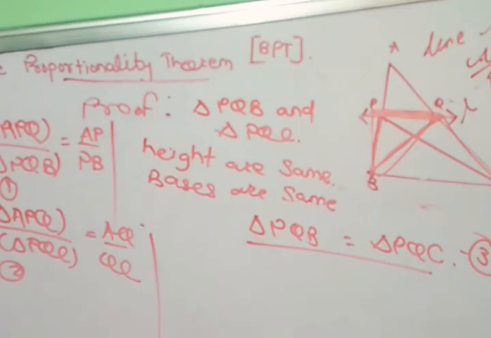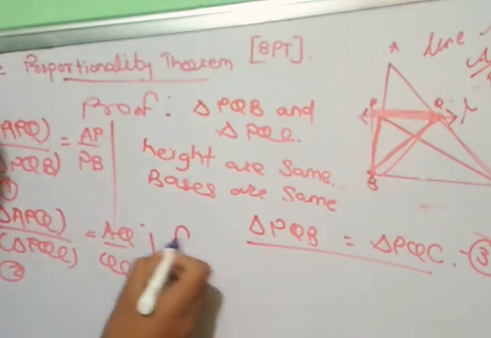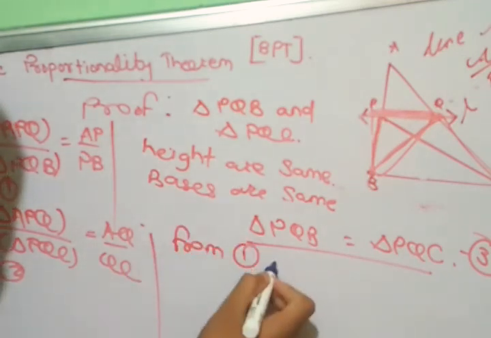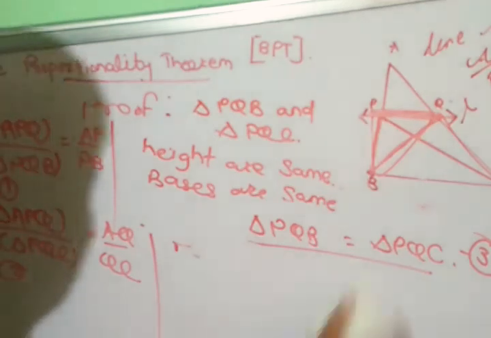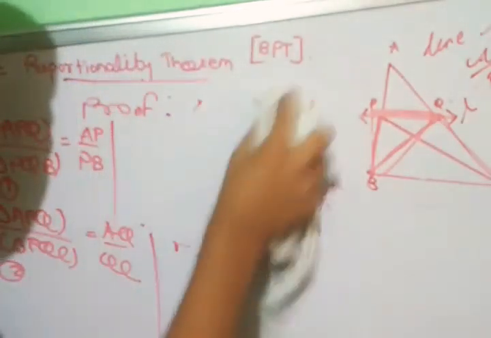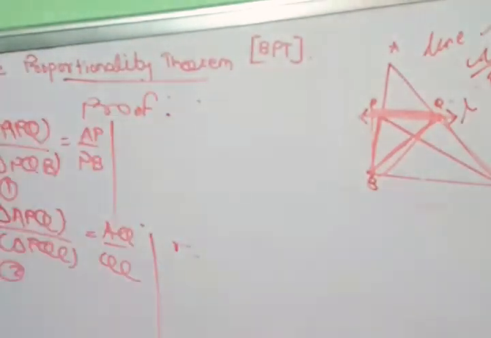So friends, from 1, 2 and 3, this is step number 5. So we write this step separately. And number 3, area of triangle PQB is equal to the area of triangle PQC, write on the side.